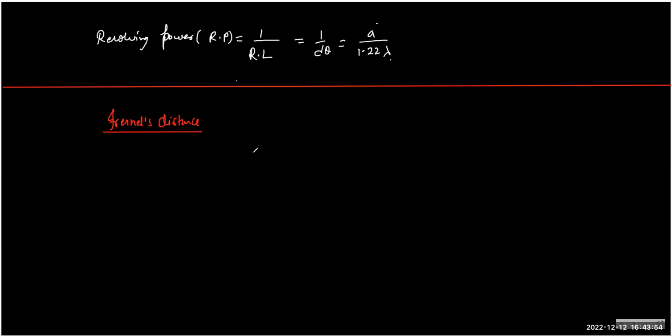We know that R is how much? 1.22 lambda by A, if you remember. Yes, sir. Okay. So sorry, into F, right? Now imagine if I perform the same experiment.